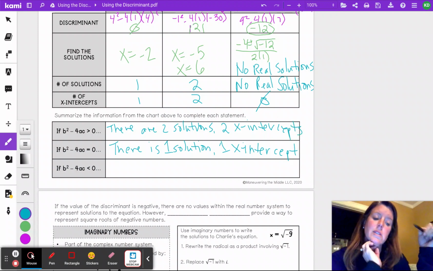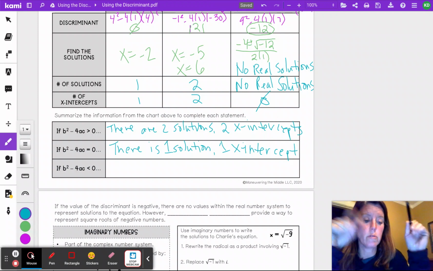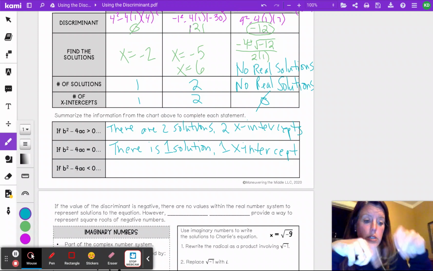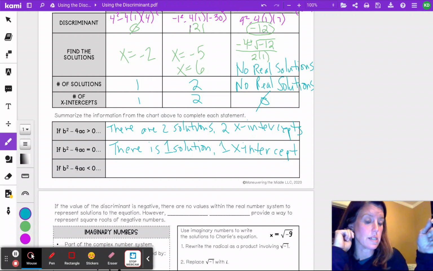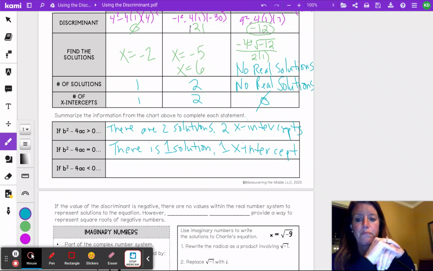So again, this is that parabola. If it's like an upside down frown, where it crosses that x-axis. Or if it's a positive parabola, again, it could cross that x-axis in 2 spots. If that discriminant is less than 0, so a negative number, that's where it will not have any x-intercepts.